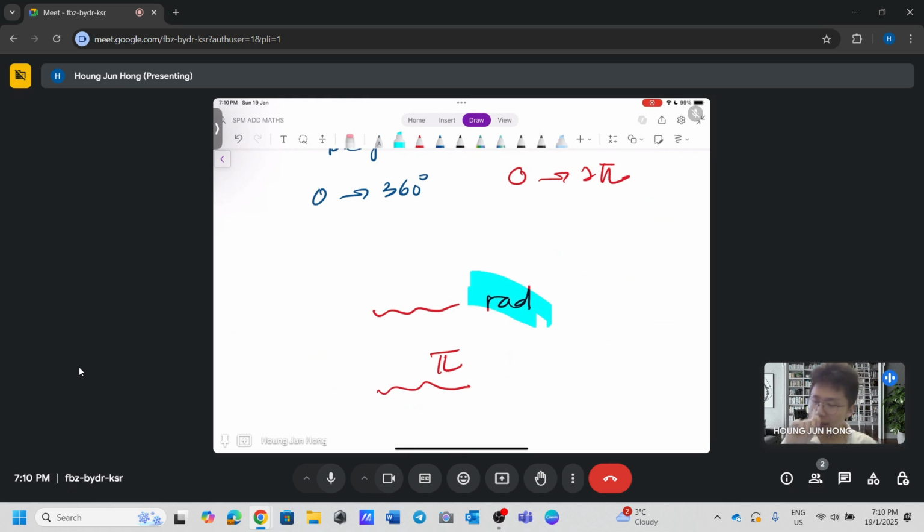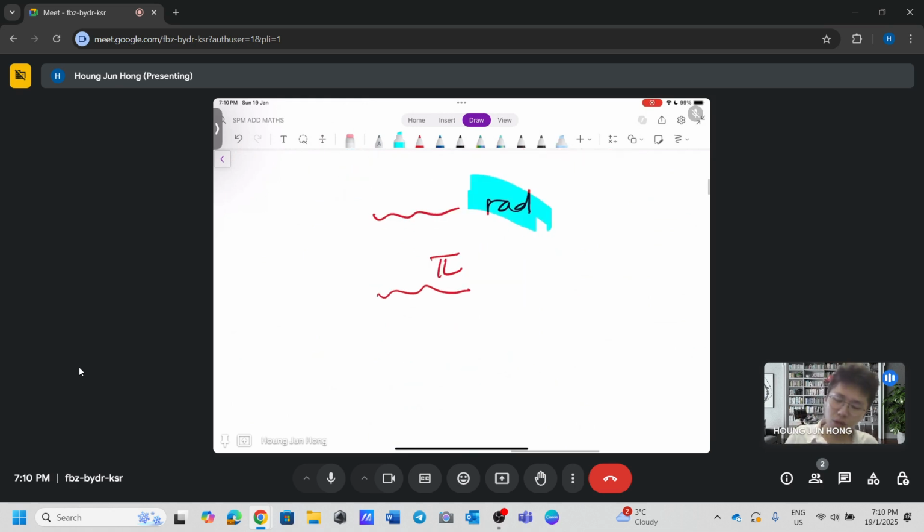And if you just see a number, let's say like this, tangent of this number, it is hard to tell whether it is supposed to be a radian or a degree. I would say this is not really applicable in SPM, because the question should be quite specific, clearly stated to you.